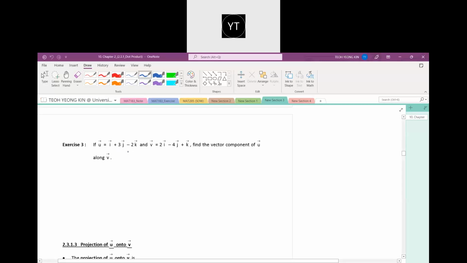First, we change the vector into coordinate form, which is vector u is (1, 3, -2), whereas vector v is (2, -4, 1).